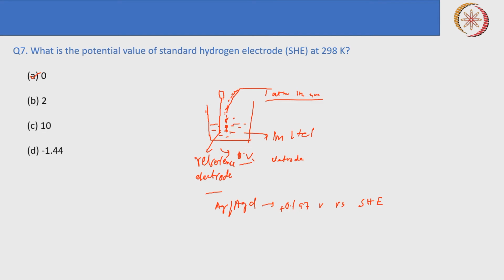In the standard hydrogen electrode, 1 molar HCl solution is taken in a big container, and there is one platinum wire, which is a noble metal.